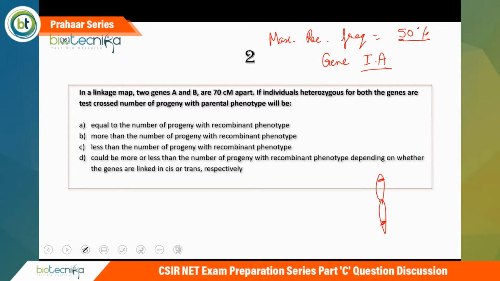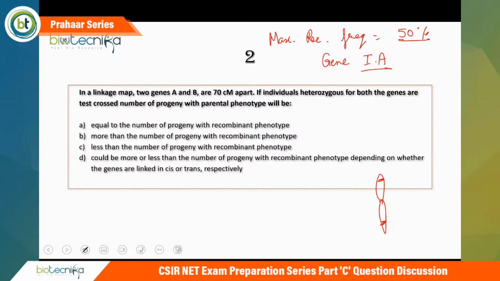Independently assorting means that any time that chromosome enters meiosis, at least one crossing over event will for sure happen between those two genes. So independently assorting genes do not have to be on different chromosomes. Even two genes on the same chromosome can independently assort if they are very far apart.